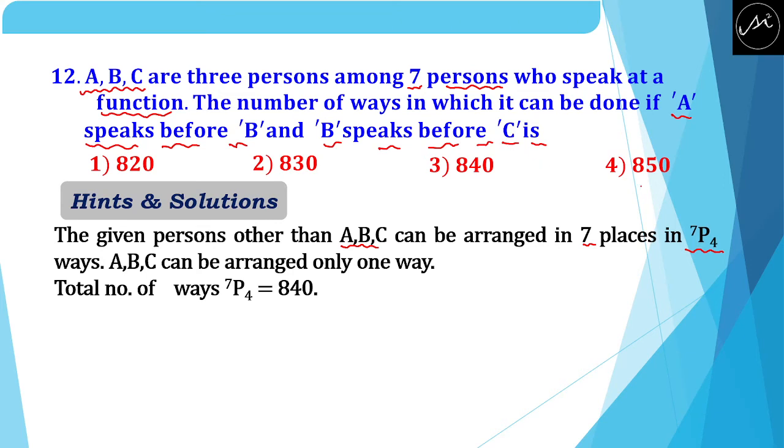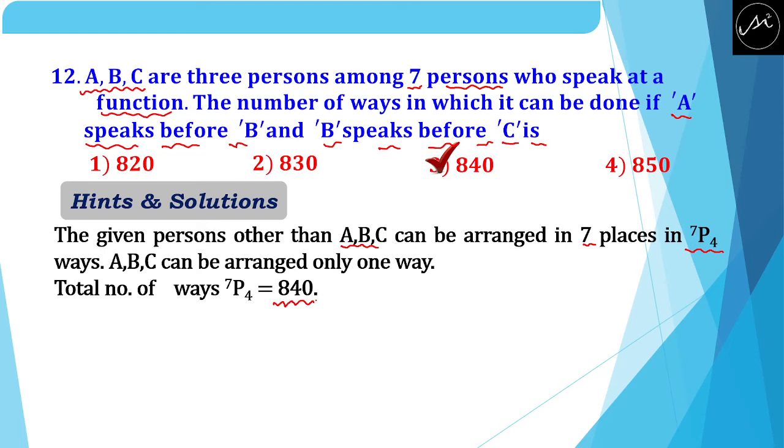So now here 7p4 will be the places for 7 persons to talk, and for ABC you can just see 7p4 will be 840. So therefore 840 is going to be the right answer. Clear? ABC are the 3 persons among the 7 persons who speak at a function.